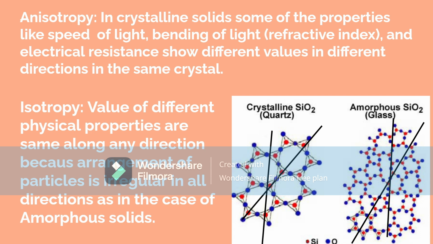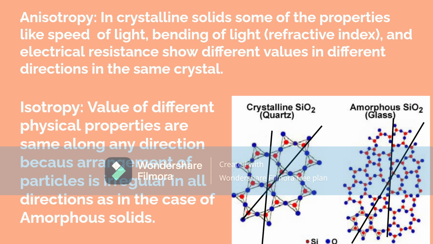You can take the example of the first picture. This is anisotropy. Anisotropy is nothing but the physical properties like speed of light, bending of light, and electrical resistance having different values in different directions in the same crystal. Next comes isotropy.